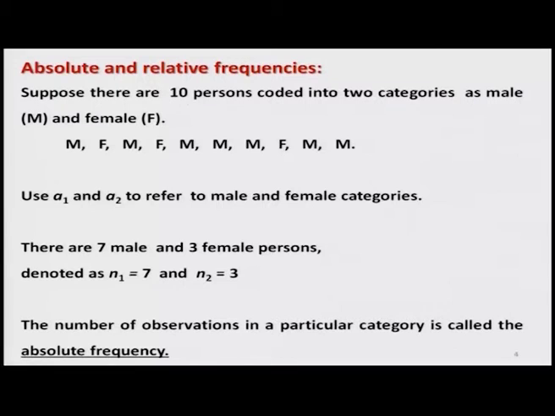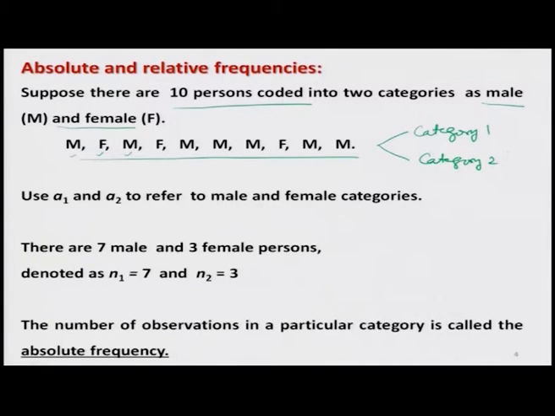So, for example, suppose I collect the gender of 10 persons and I code them as male and female. So, I denote capital M for male and capital F for female, and suppose I get this type of data. The first person is male, second person is female, third person is male, and so on. So, now I can divide this entire data into two categories. There can be category 1 and there can be category 2. Category 1 can be male and category 2 can be female.